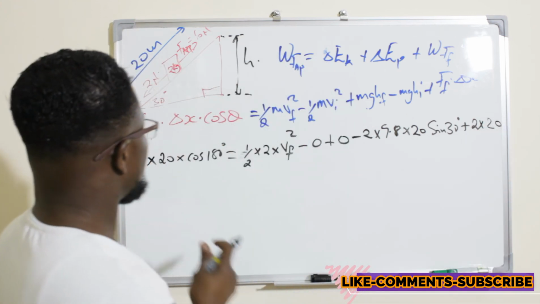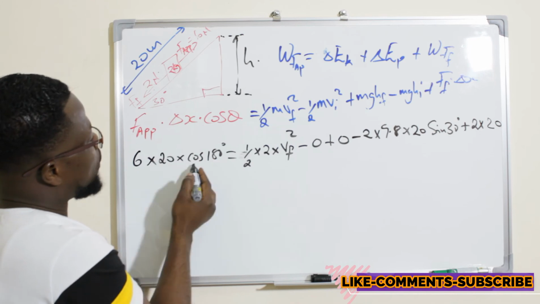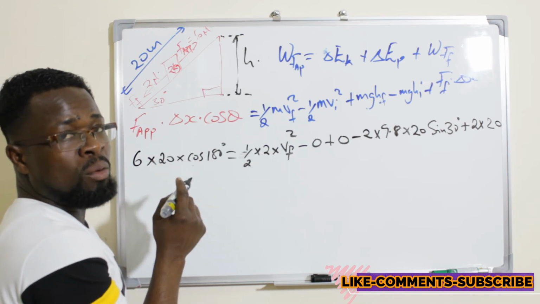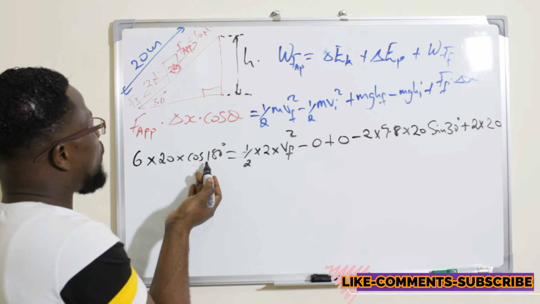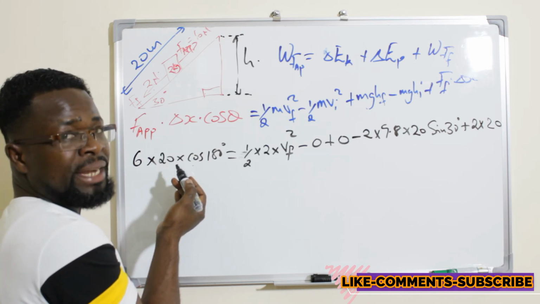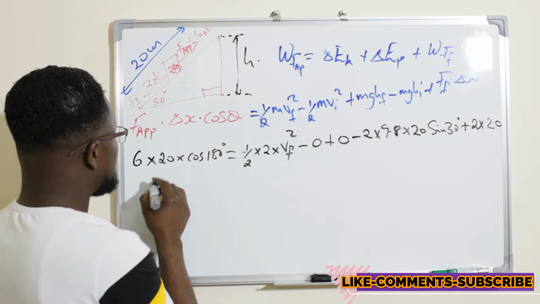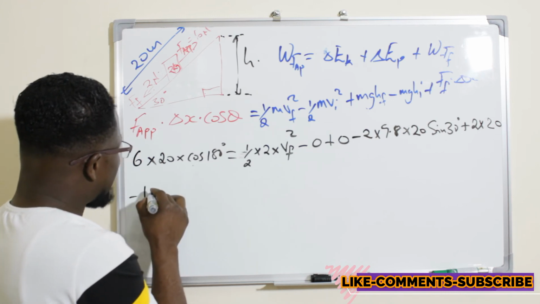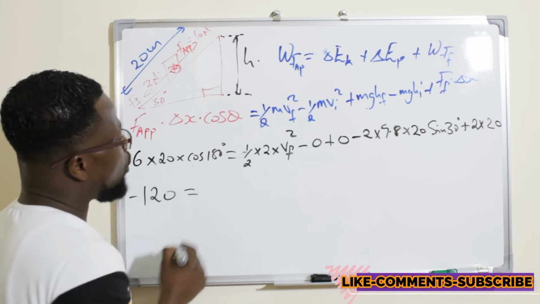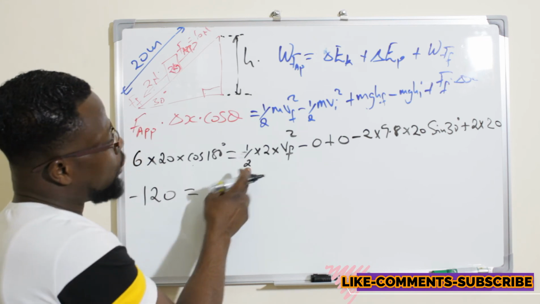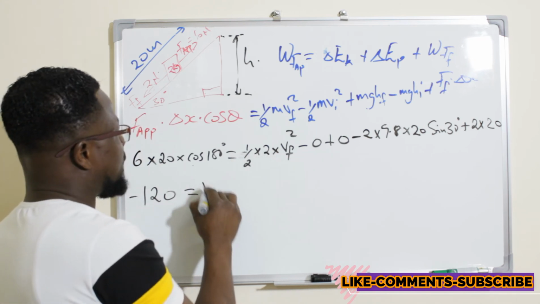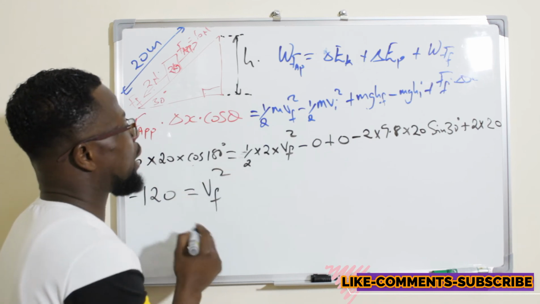Check it and see. If I multiply this, cos 180 is going to give me negative 1. So negative 1 multiplied by 20 will be negative 20 multiplied by 6, that is negative 120. So I'm going to have negative 120 is equal to, this 2 is going to cancel this 2, so I'm going to be left with final velocity squared.